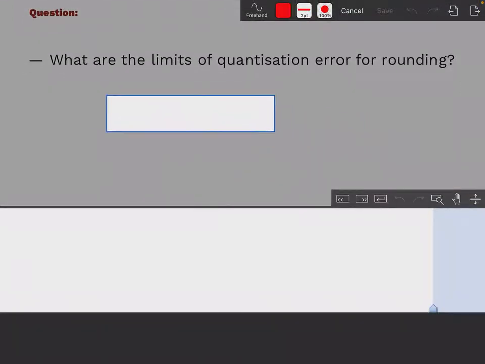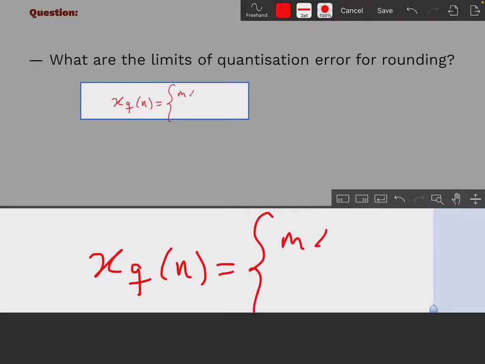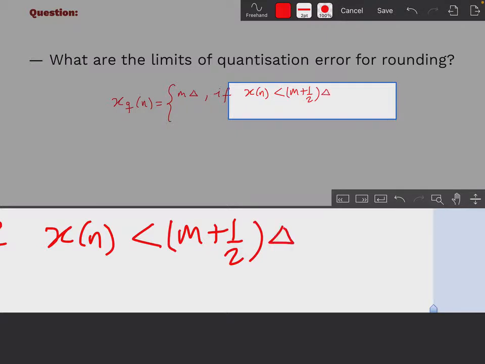So let's say we have our quantized signal xq of n equals m delta if x of n is less than m plus 1 over 2 delta. That is, our sample is below the midline between m delta and m plus 1 delta.